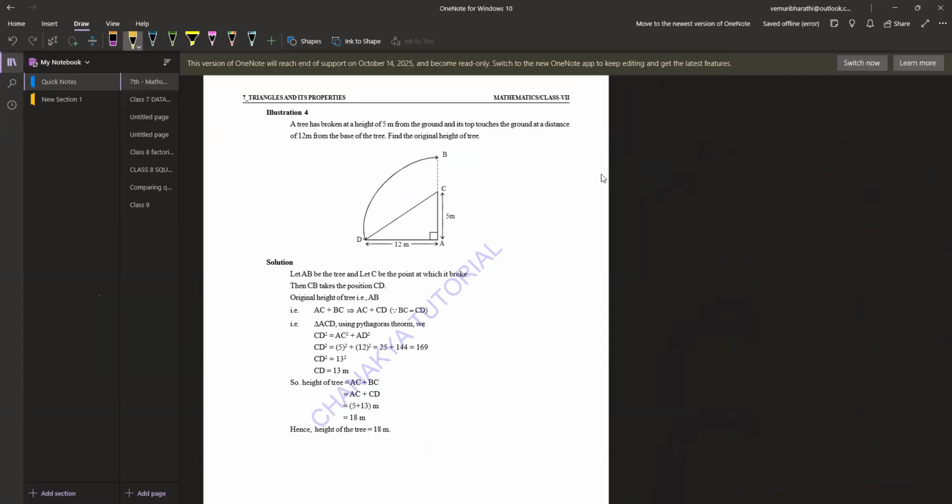One more interesting question here. A tree has broken. This is one important question in class 7 from the examination point of view. A tree has broken at a height of 5 meters from the ground. Just imagine the tree is there.